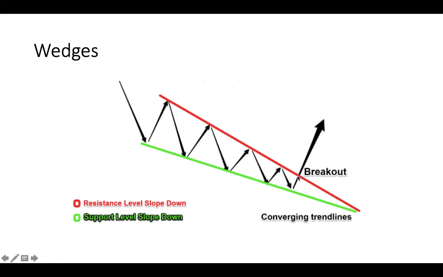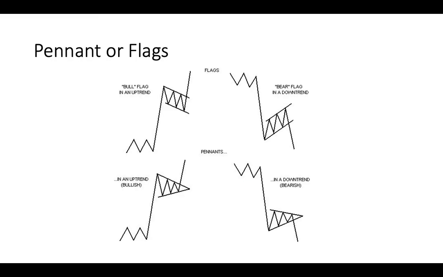Once you find a breakout from this particular wedge, you will have good volatility or movement of the price range. Once it breaks out over here, you would be able to get at least up to this level. So it's very good to trade in wedges. This is a very nice one, among the very effective patterns as well.